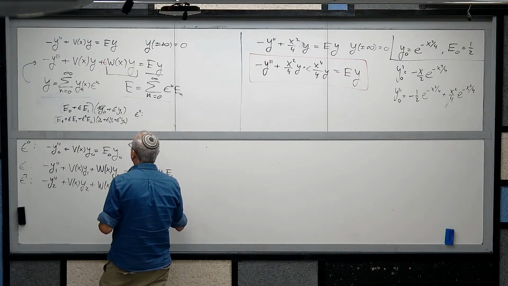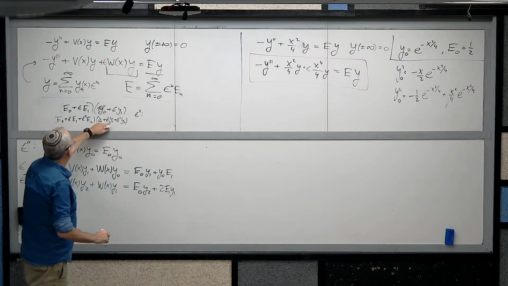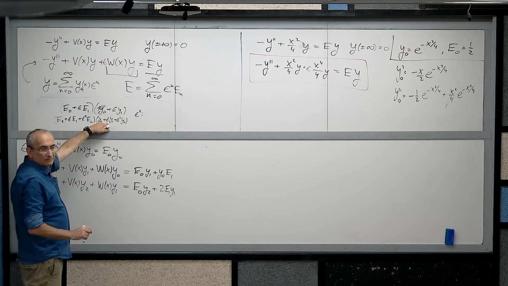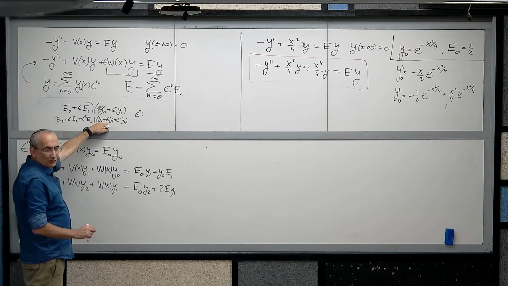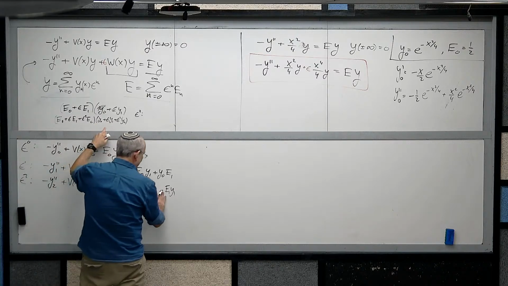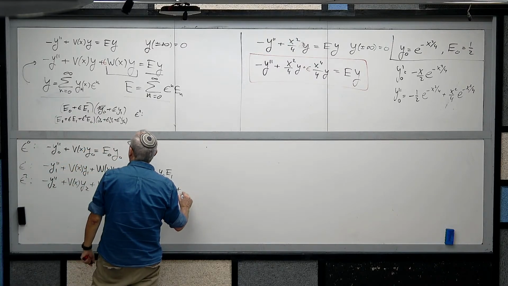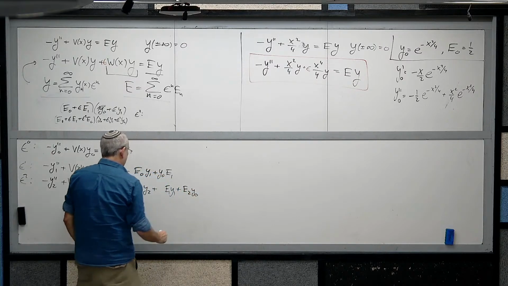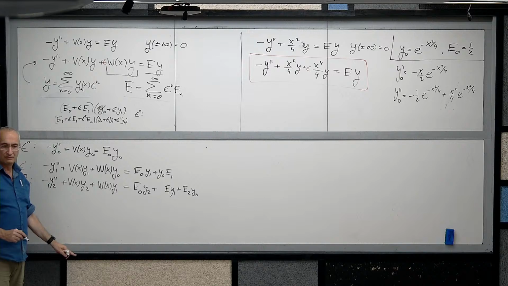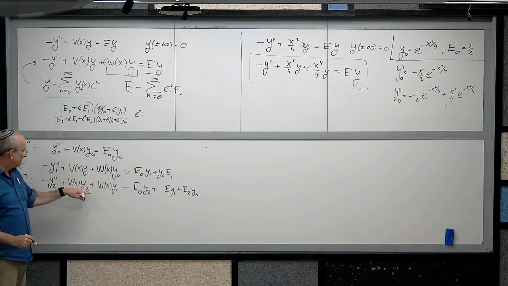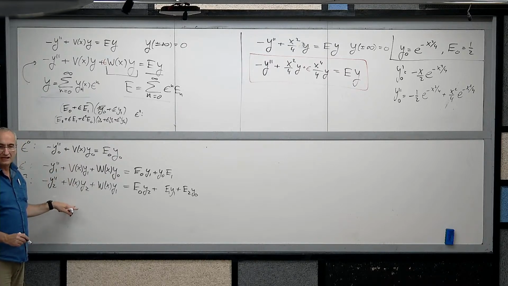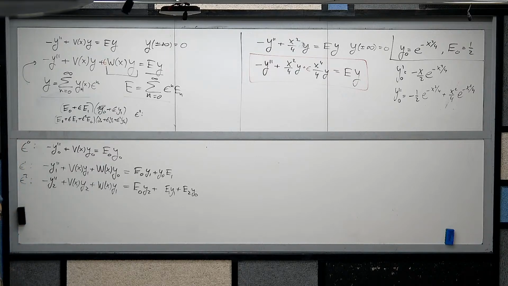Not 2 E1 y1, there is no two, only one of them. You see? And this is how it goes further and further. So now we have essentially discovered what is the general term in the perturbative expansion. Now we have to solve it.